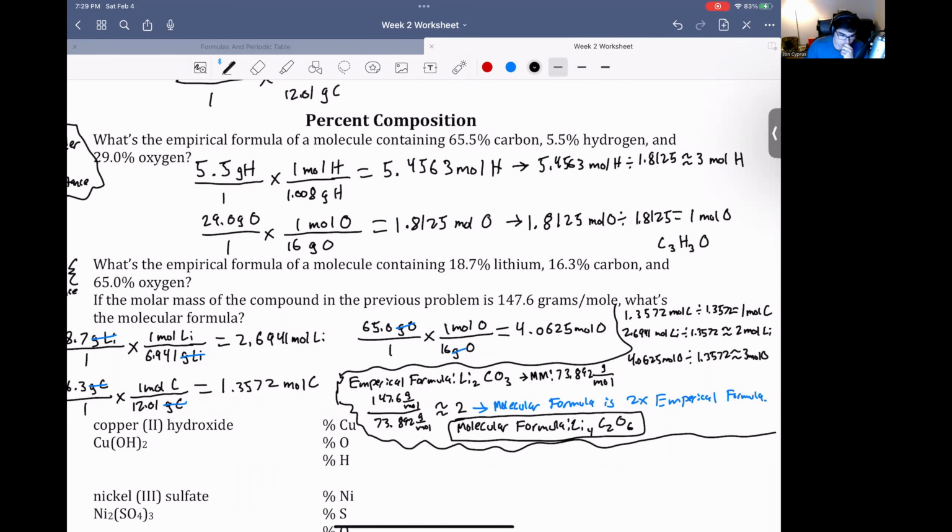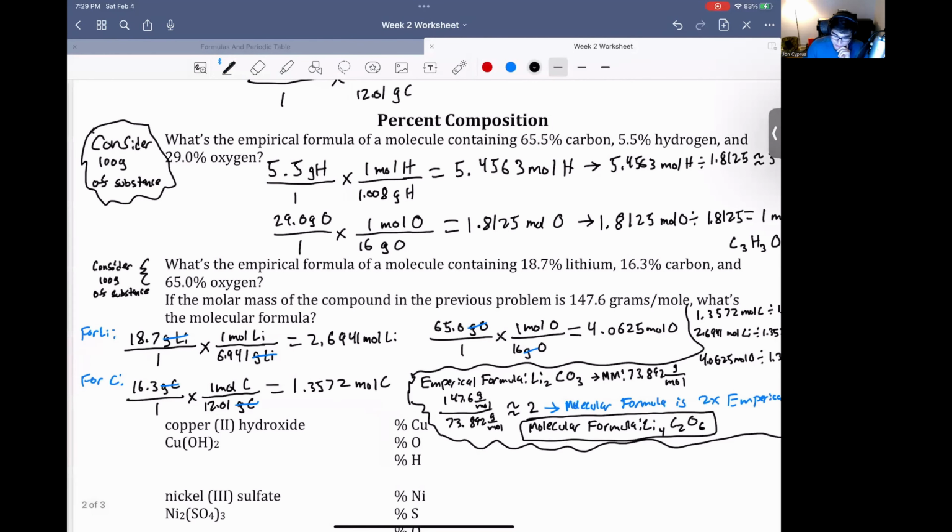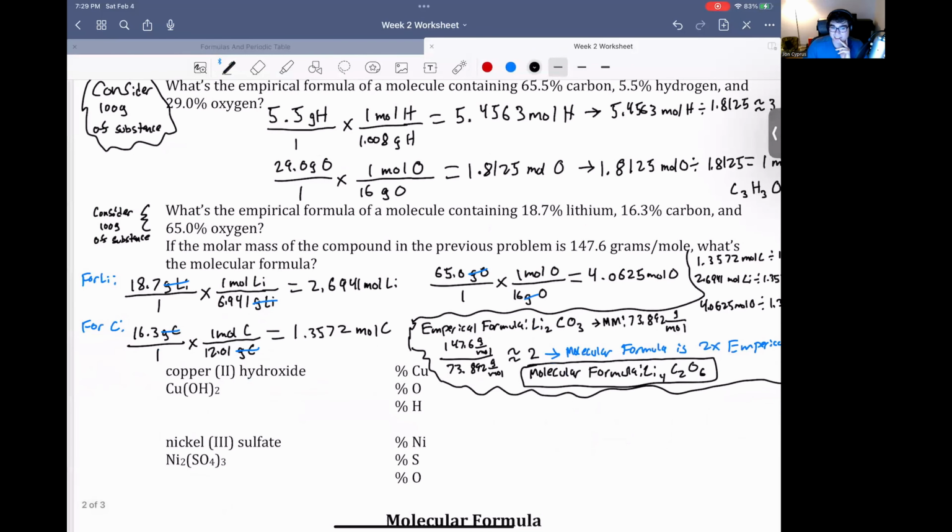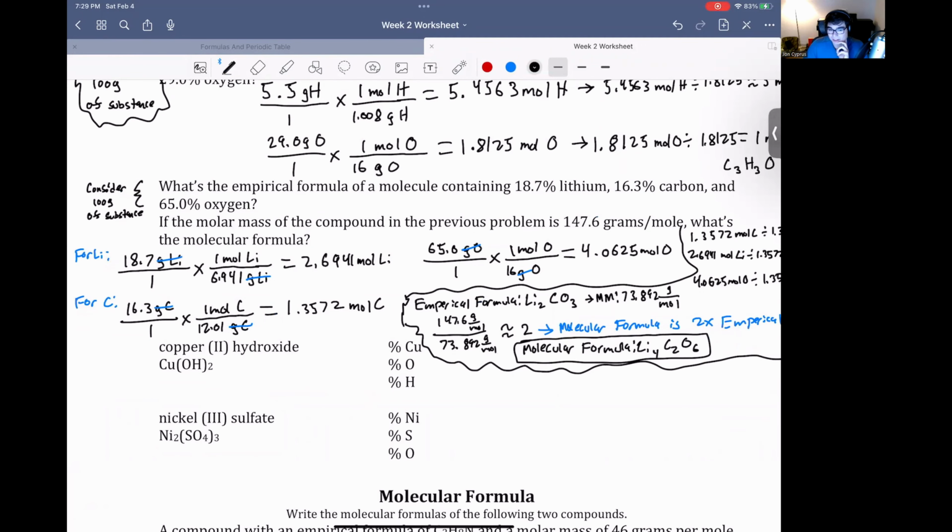So we're going to move on to the next question here. We have copper 2 hydroxide. So what is the percent copper, oxygen, and hydrogen? So you're just going the other way around here, right? You're taking the molar mass of copper in this compound, dividing it by the total molar mass, and then you're doing this for oxygen and hydrogen.